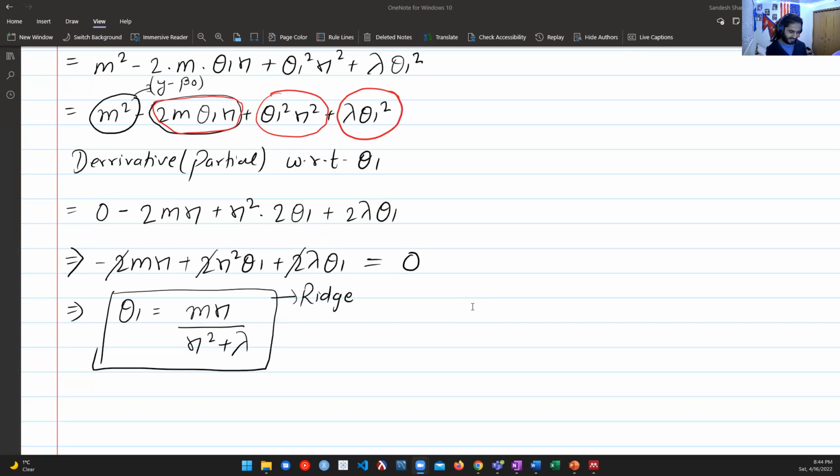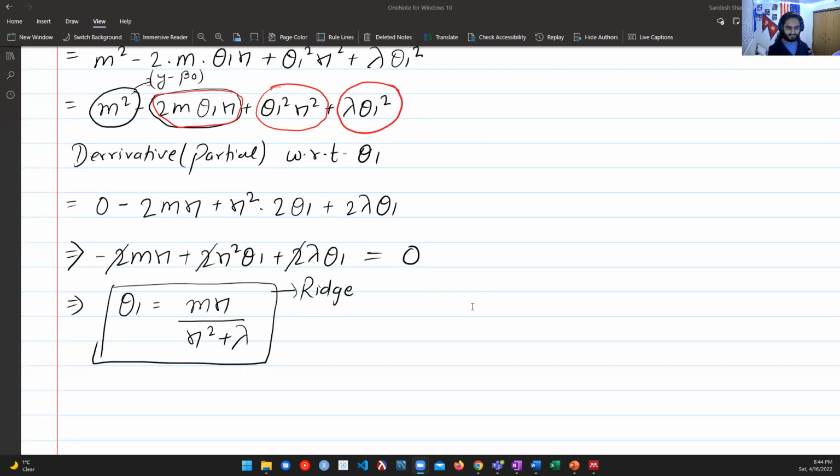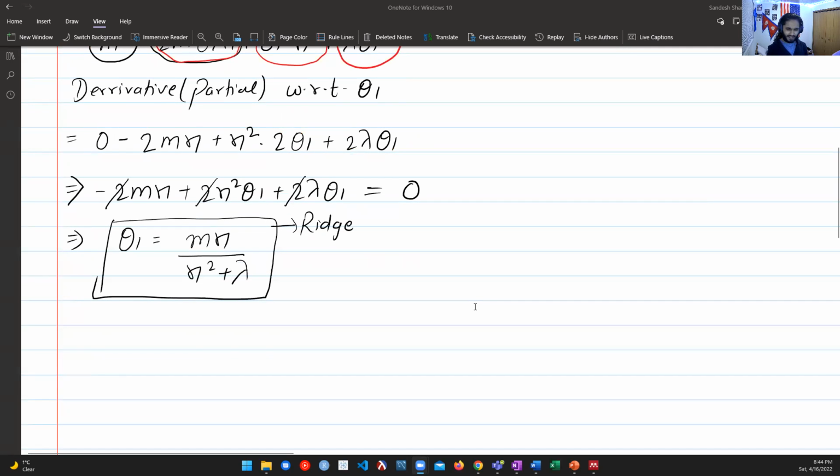In ridge, we cannot make our coefficients, theta or beta, equal to 0. We can get closer to 0, but cannot make it 0. And that's the answer you are seeing in front of you. So if I ask you to make theta 1 in this equation equal to 0 by changing the lambda, how are you going to do it?